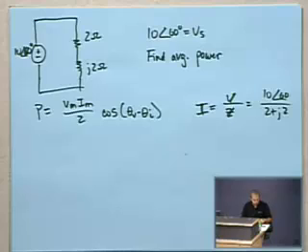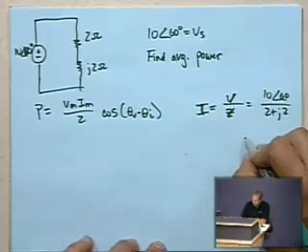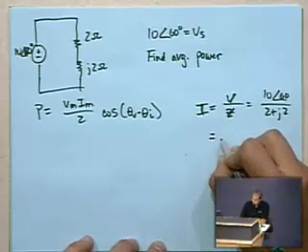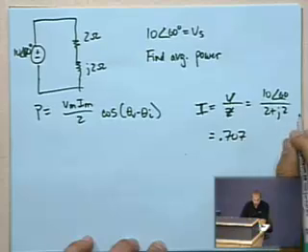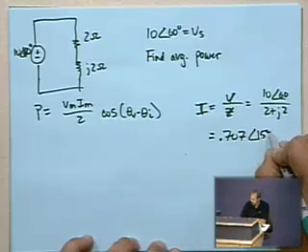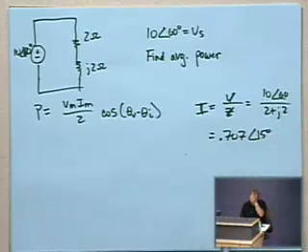And that gives us 0.707 at an angle of 15 degrees. And I think that's actually the square root of 2 over 2.